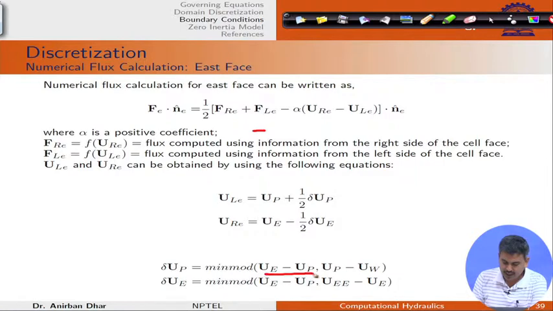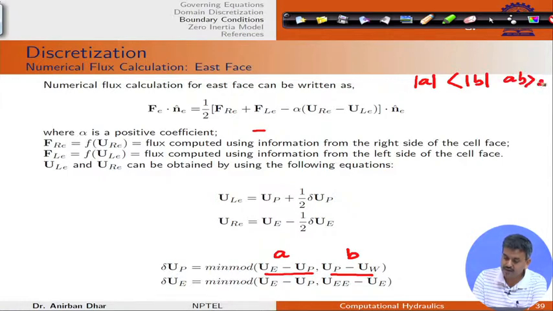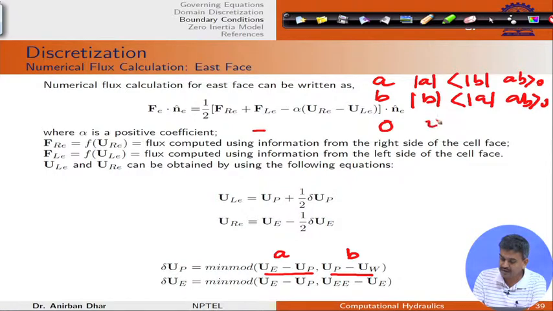we have u_P minus u_W, these are the a and b values. If modulus of a is less than modulus of b and ab greater than 0, then it is a. If modulus of b is less than modulus of a and ab greater than 0, this is b, otherwise this is 0.